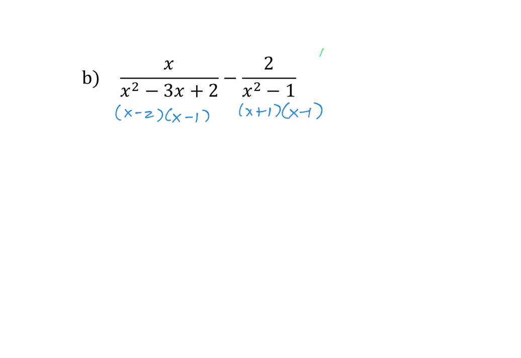So our LCD is going to be x minus 2, x minus 1, x plus 1. That's the smallest denominator I can build both fractions up to. The first is missing the x plus 1. We're going to multiply top and bottom by x plus 1.